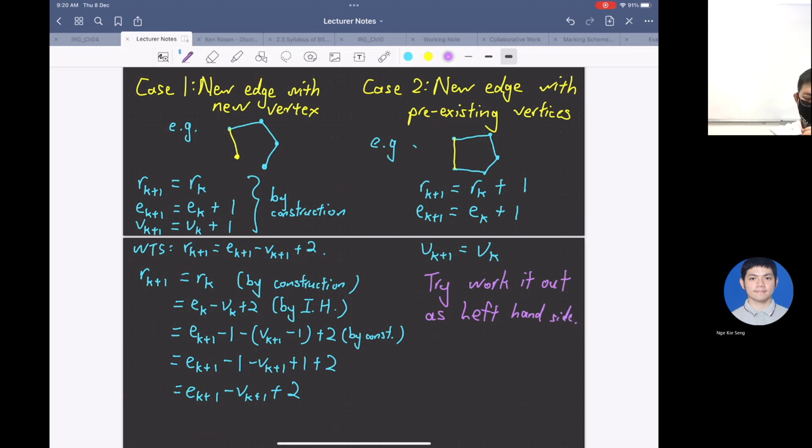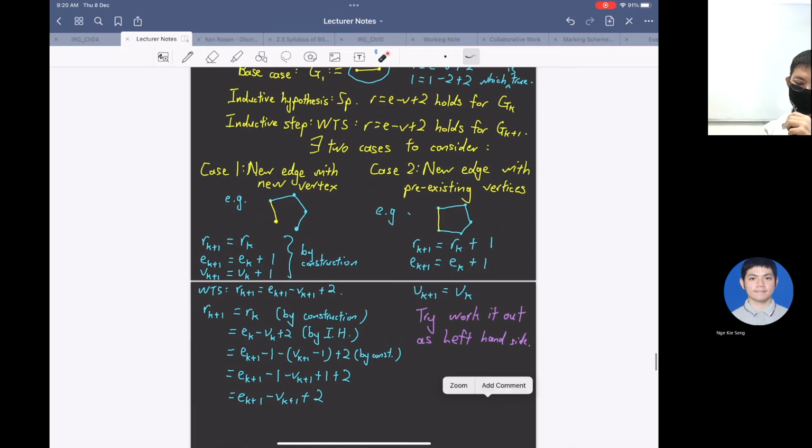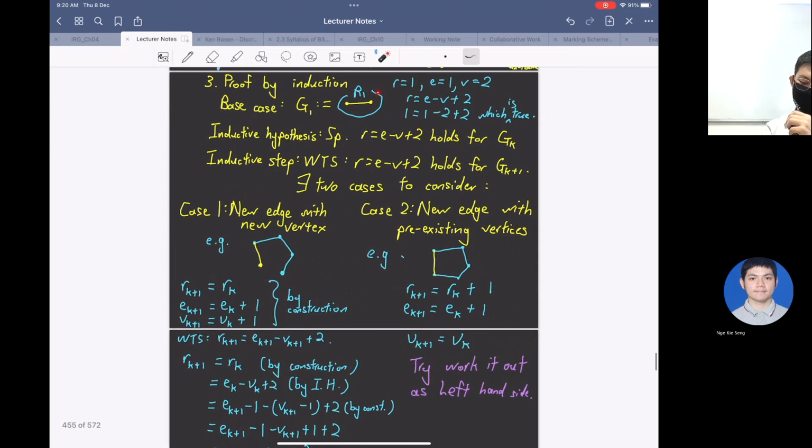So you can see that this plus 1 here will become the plus 1 here, so that you can cancel it out. You can do it yourself. So you can see that actually this formula here comes from a simple observation here.